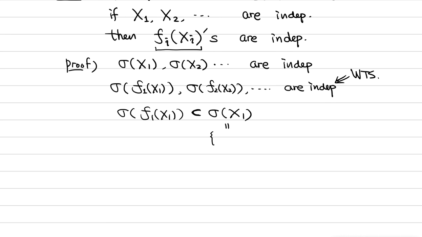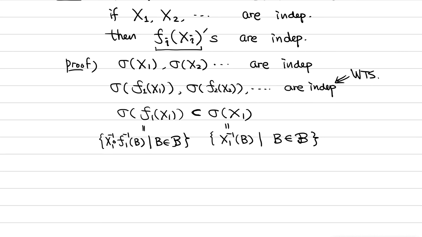It's the set of all the pre-images of Borel sets, where B is any element in the Borel sigma algebra. So that's the explicit expression of the sigma algebra, and therefore the left-hand side is the pre-image under a composition of X1 and f1, so you take the pre-image under f1 and then followed by the pre-image under X1 of the Borel set.